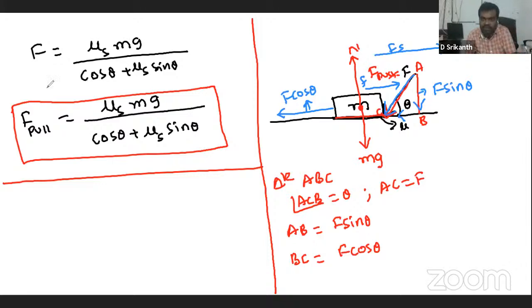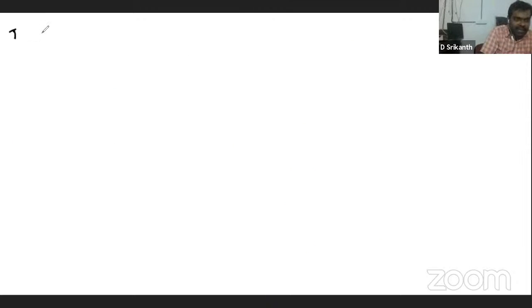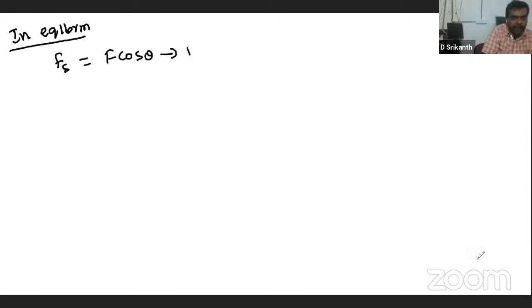Whenever the object is in equilibrium, I can write Fs as F cos theta. In equilibrium, Fs is equal to F cos theta, called equation 1.